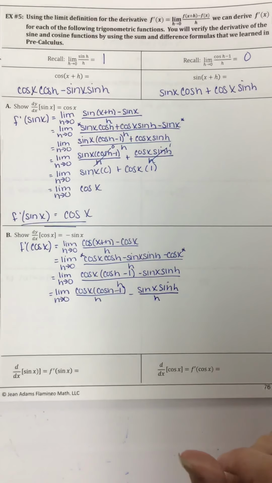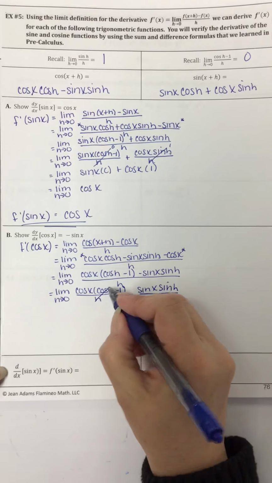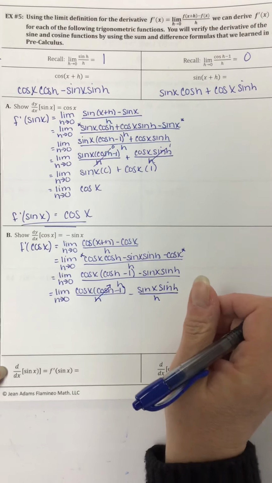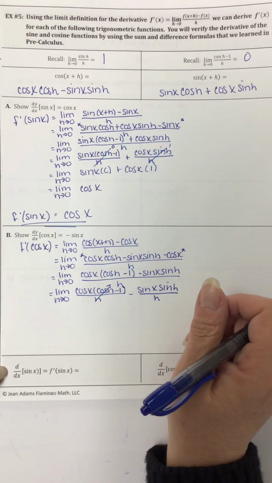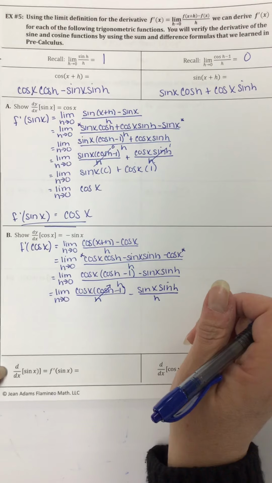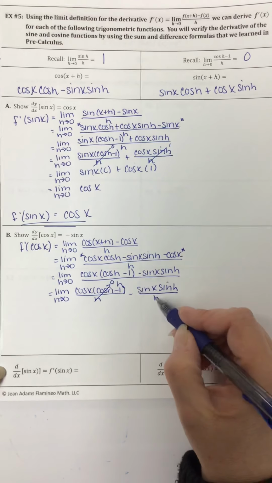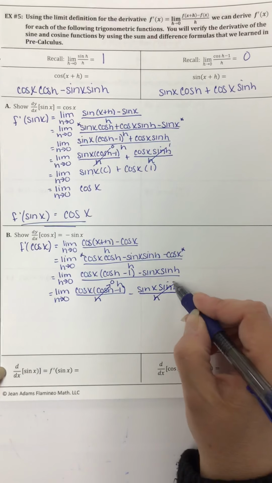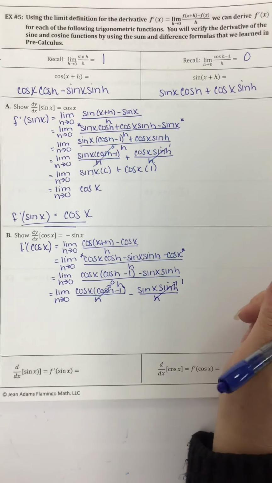And then we've got some limit identities, right? So the limit as h approaches 0 of these is what? 0. And the limit as h approaches this is 1.